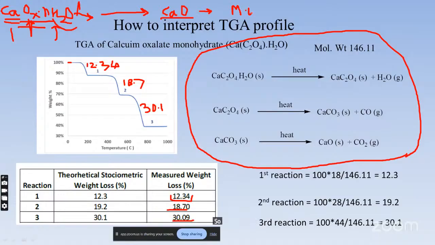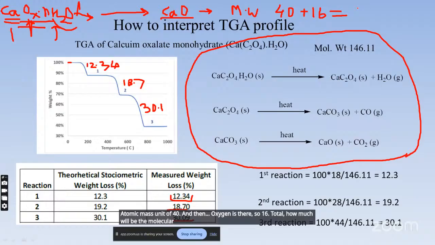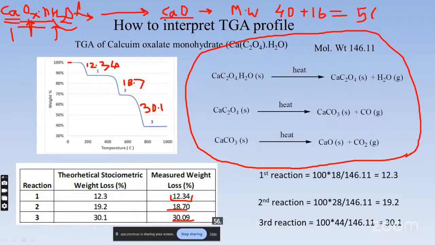Calcium has an atomic mass unit of 40, and oxygen is 16. Total, the molecular weight of calcium oxide is 56. So what does it mean?